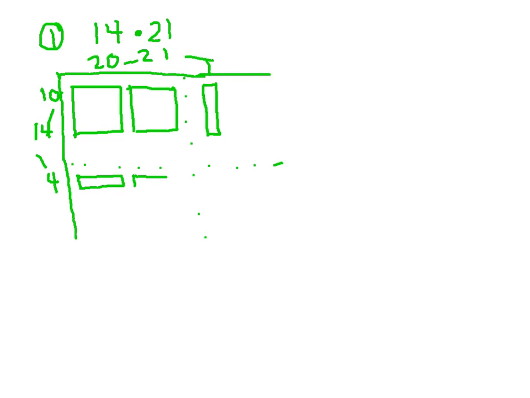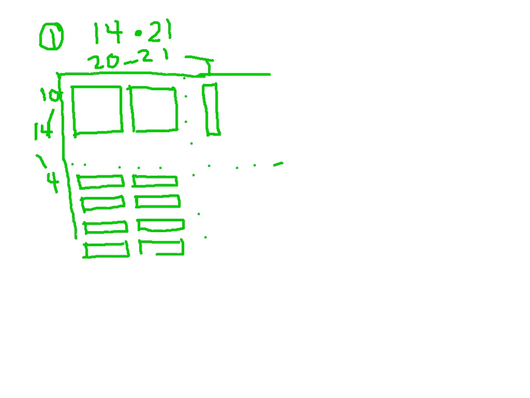Here's 1 row of 20, 2 rows of 20, 3 rows of 20, and 4 rows of 20. And then for the final array, I would need 4 rows of 1. 1, 2 rows of 1, 3 rows of 1, 4 rows of 1.